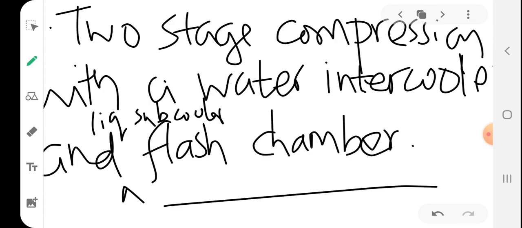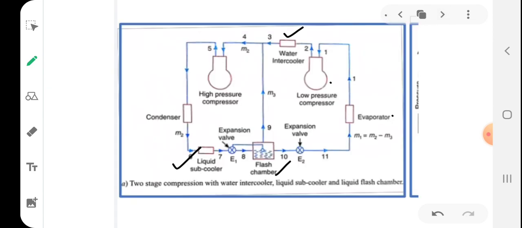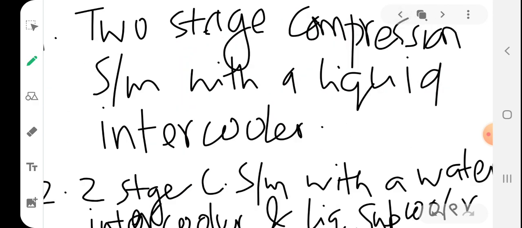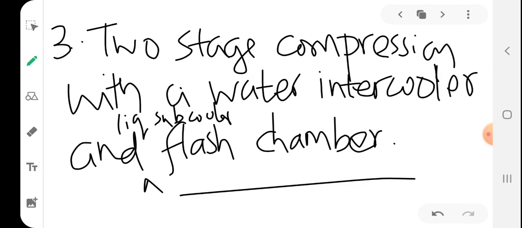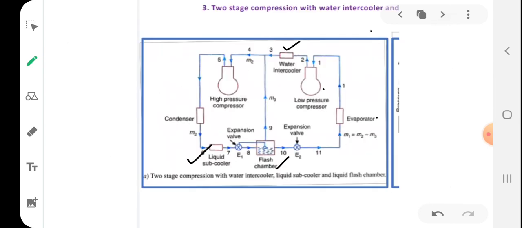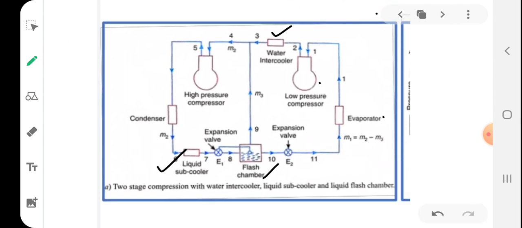The second type was a two-stage compression system with a water intercooler and a liquid subcooler, right? The third type is where we are adding one more device called a flash chamber. So if I add a flash chamber, what will be the working?